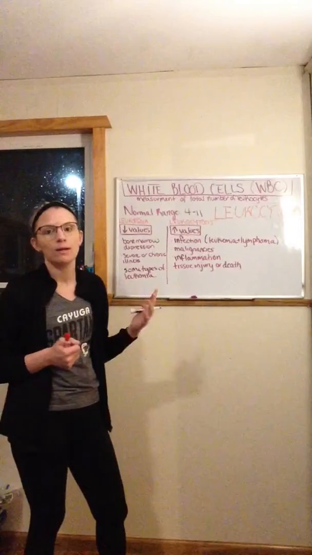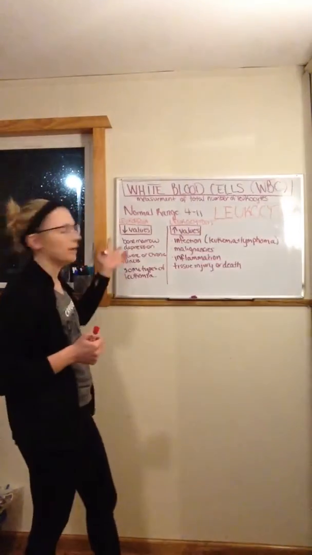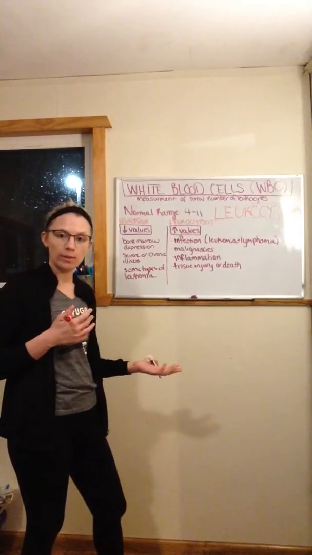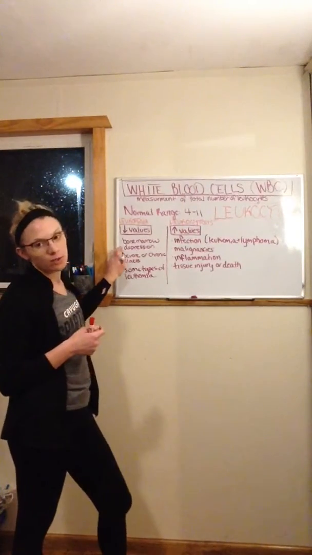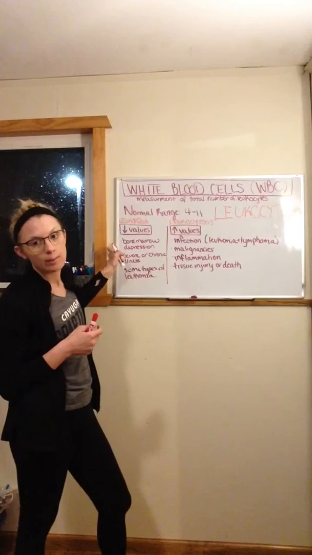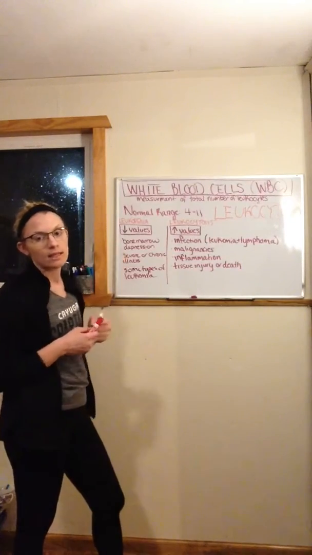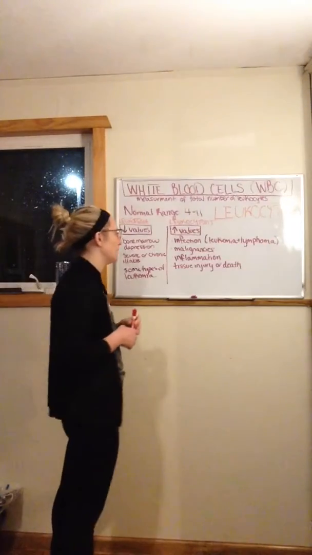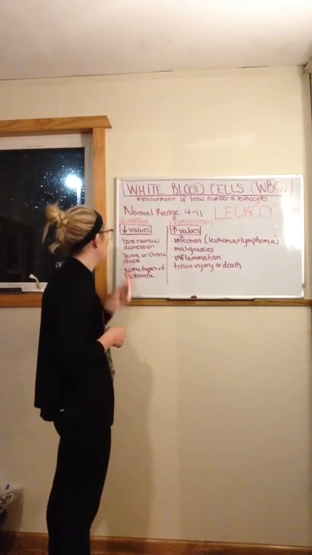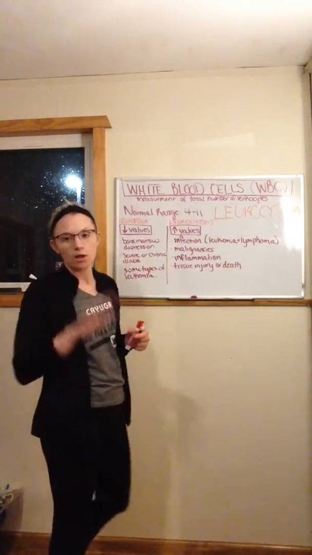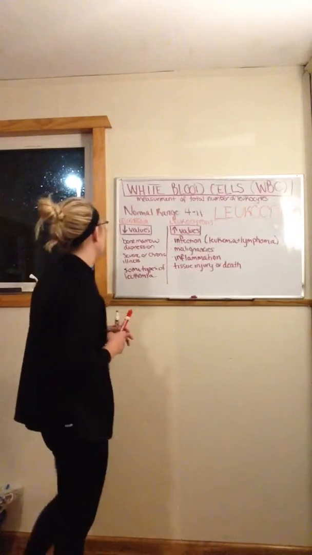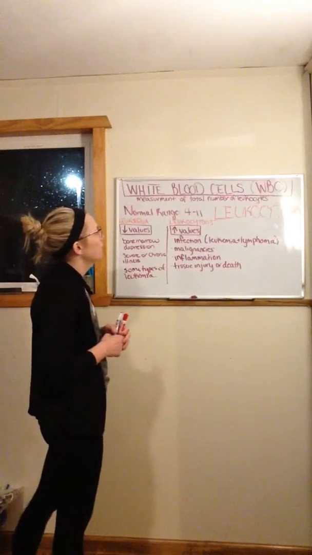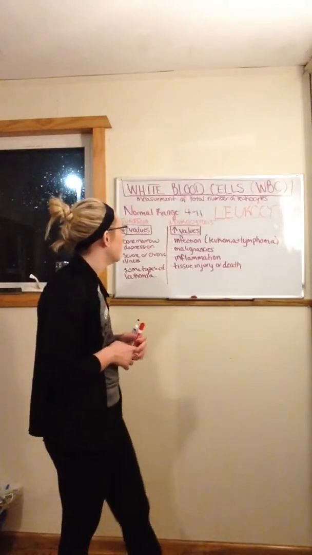Why would someone have bone marrow depression? Someone who has bone marrow depression might be going through chemo or radiation. That's a very, very big one, okay? Cancer patients that are going through chemo or radiation have bone marrow depression and they have very low white blood cells, which eliminates their ability to fight off infection if they get too low.